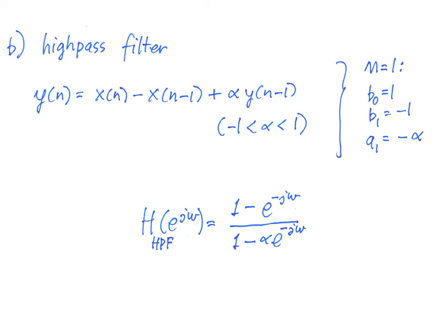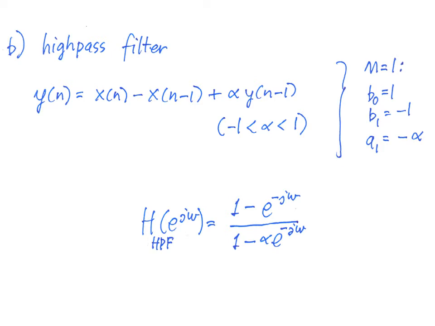Again, the parameter alpha, which defines the edge of the stop band of this high-pass filter, may be varied in the range -1 to 1. And the coefficients B0, B1, and A1 are as specified to the right. M is equal to 1. This is only a first-order filter.